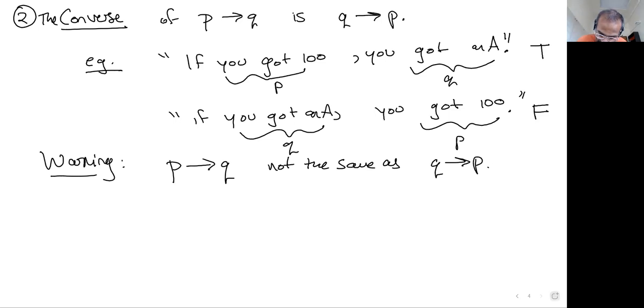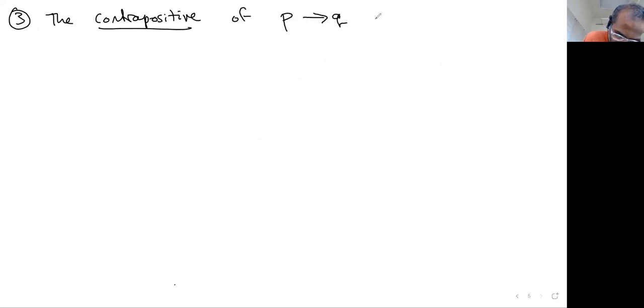And then the third one finally, which is the most interesting and used a lot in this course, is the contrapositive. The contrapositive of P implies Q is not Q implies not P. So you negate both statements and then flip the arrow.